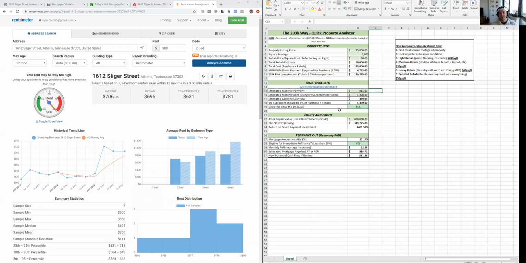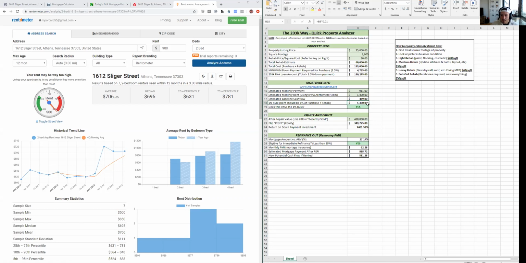Does this pass the 1% rule? So what the 1% rule is, basically, it's a quick analyzing tool that states that your rent should be 1% of whatever you paid for the property. So in our case, it would be the purchase plus the rehab price of 135,000. So you want to know, does this pay for itself?